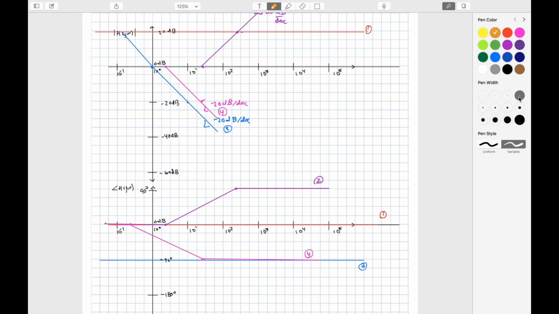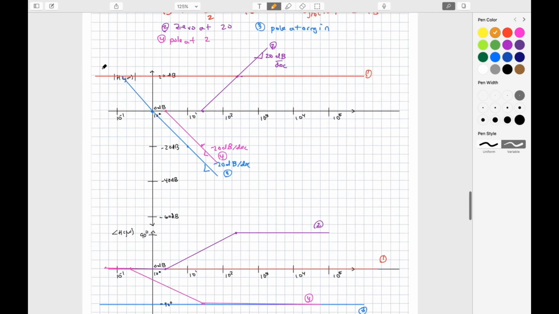And then finally, I just need to do the final thing. Again, I am going to take the contribution. Now, be very careful. This 1 over s extends forever. And so what I'm going to do is take this 1 over s and draw it through this gain line that looks like this.